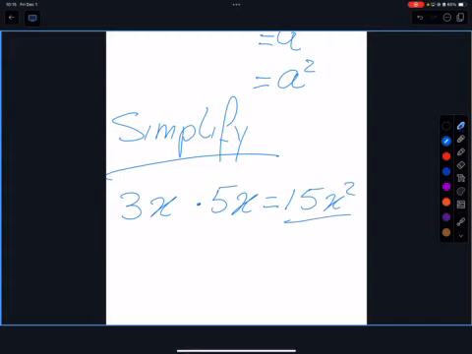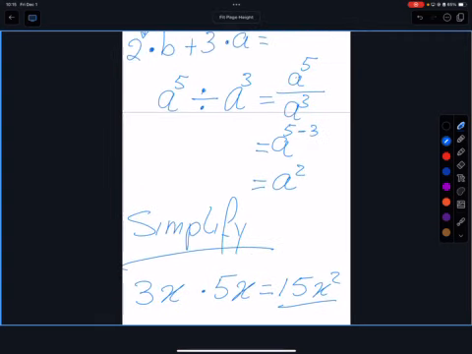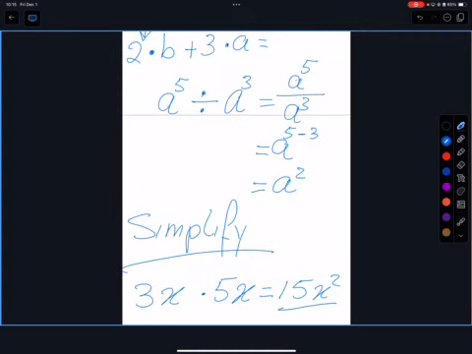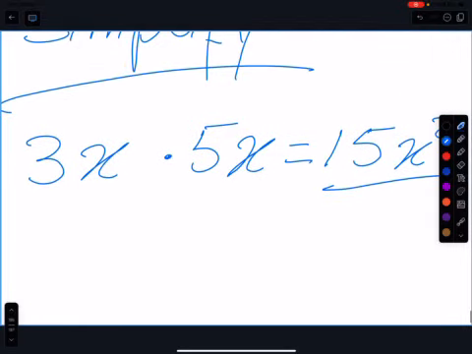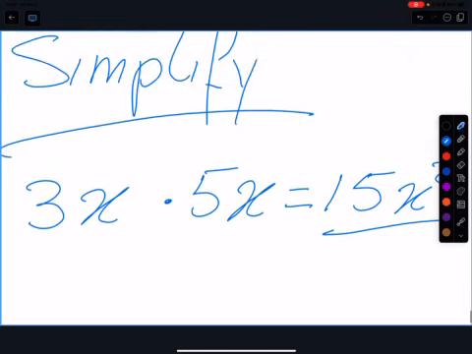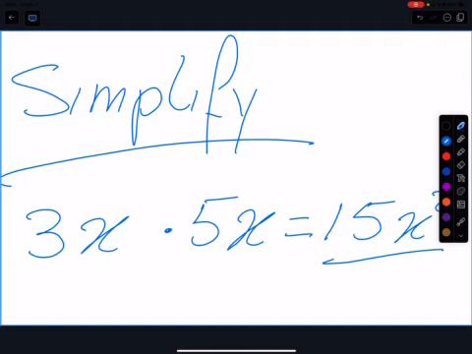That is simplify. You made it shorter, as short as possible. Do not forget that keyword. As we go on, we will get more of these keywords: simplify, calculate, and so forth.